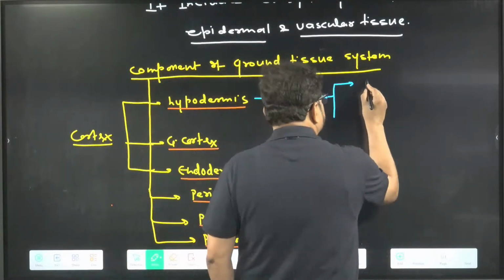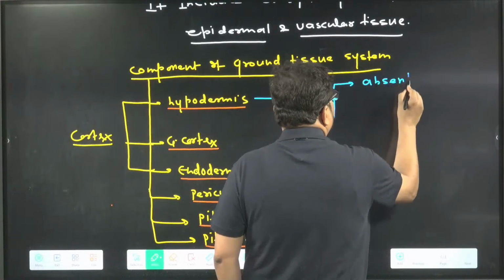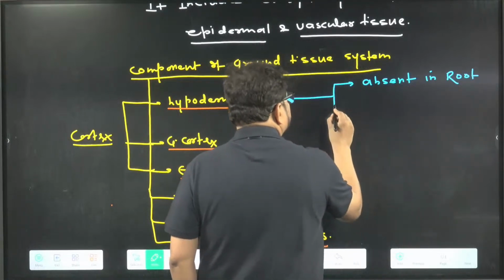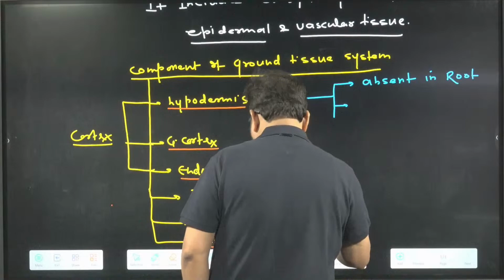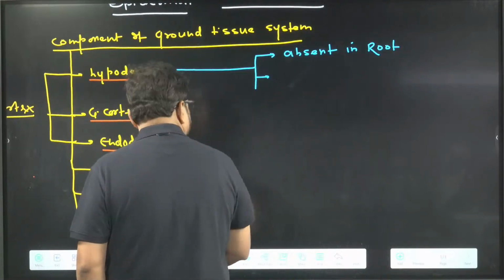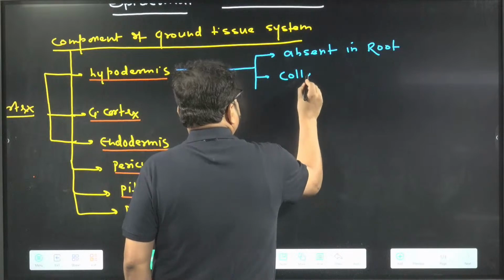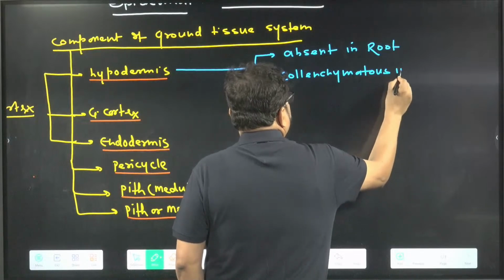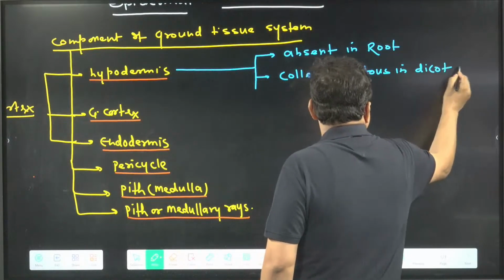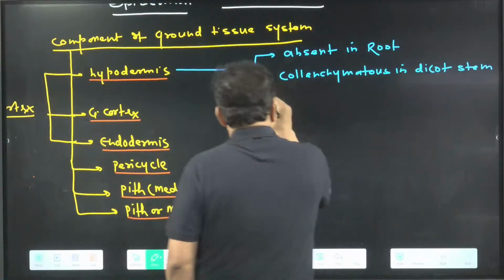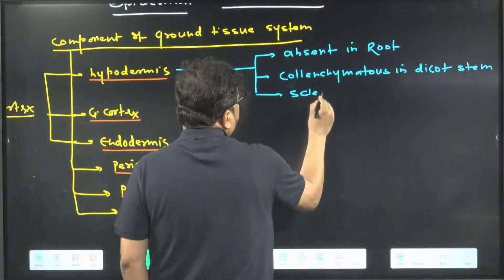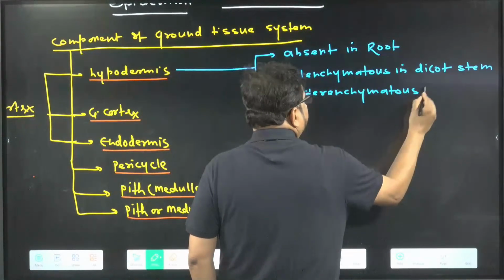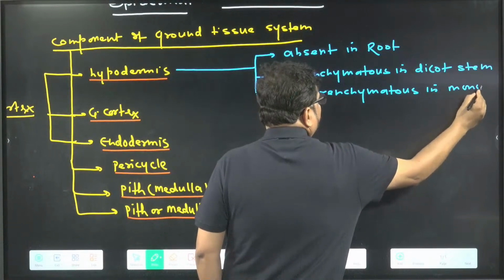Hypodermis is absent in root. In root, no hypodermis is there. Hypodermis is collenchymatous in dicot stem, and hypodermis is sclerenchymatous in monocot stem.